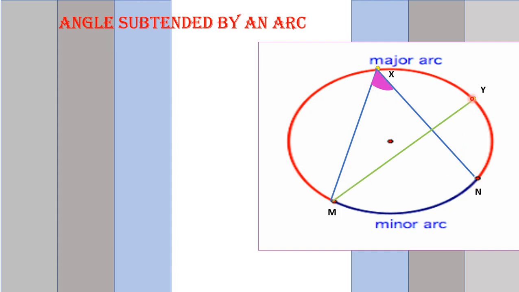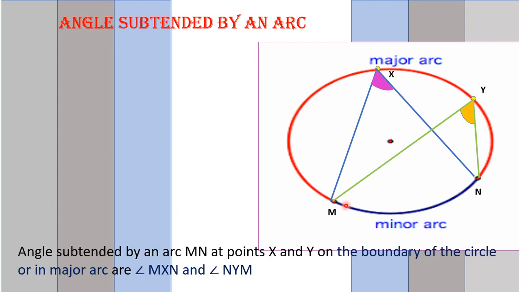Similarly, when we join this point Y, which is on the boundary of the circle, to M and N, again we get an angle MYN, or we can say NYM. So here also these two angles are formed by the same arc. Similarly, this arc forms more angles on the boundary of this circle.